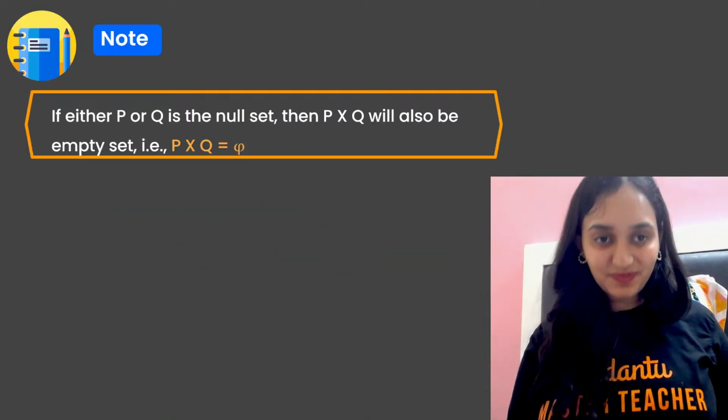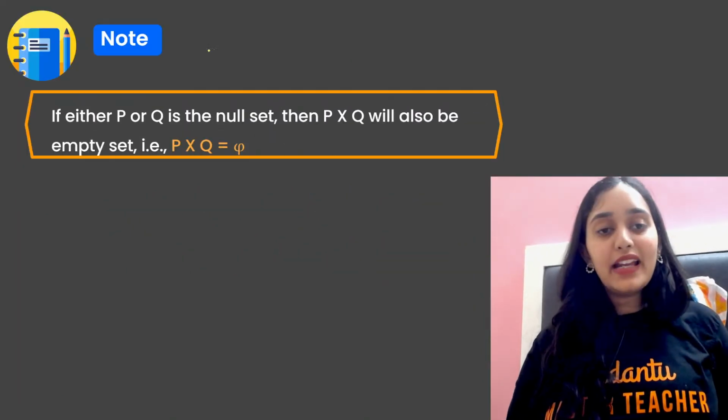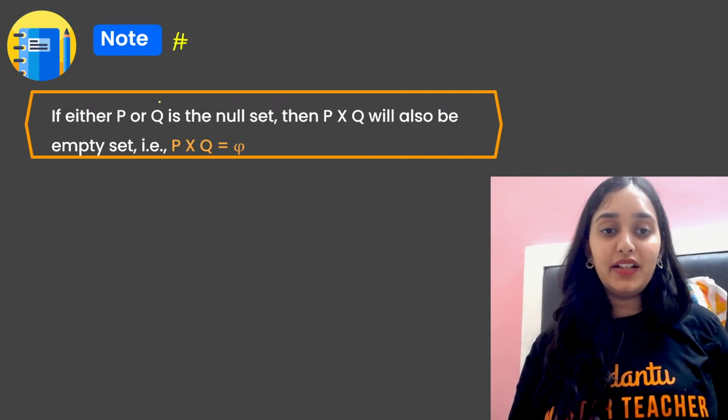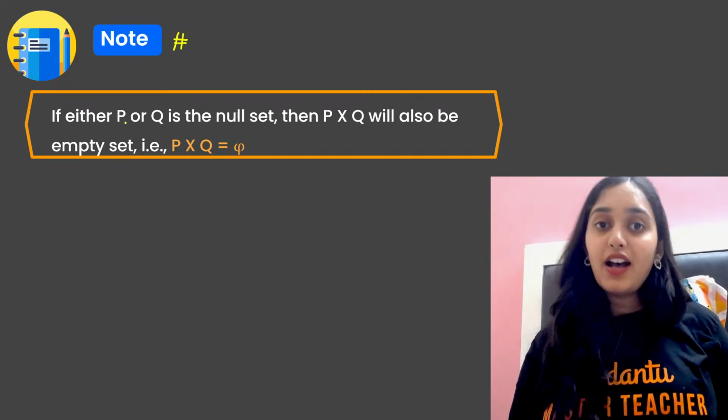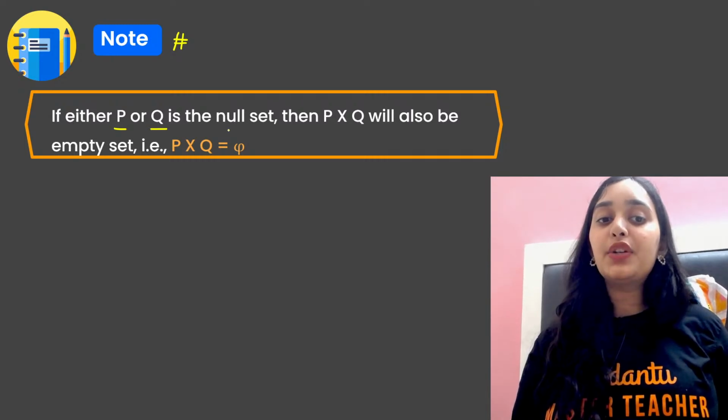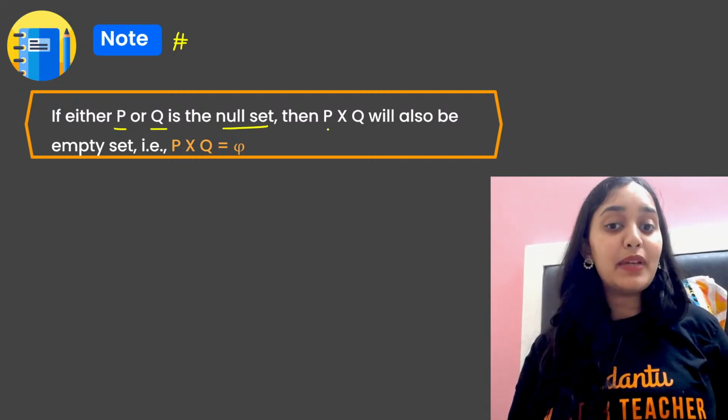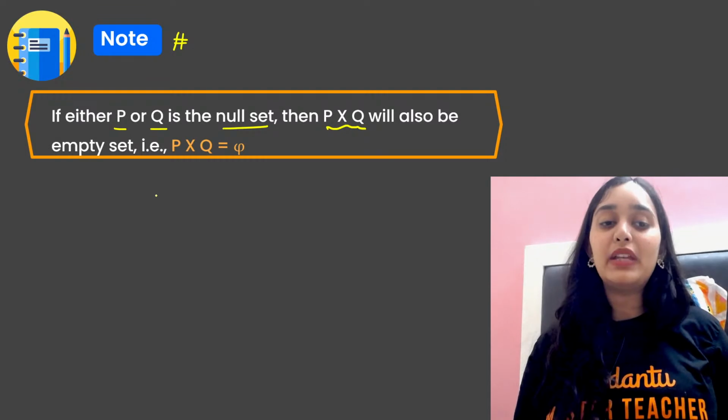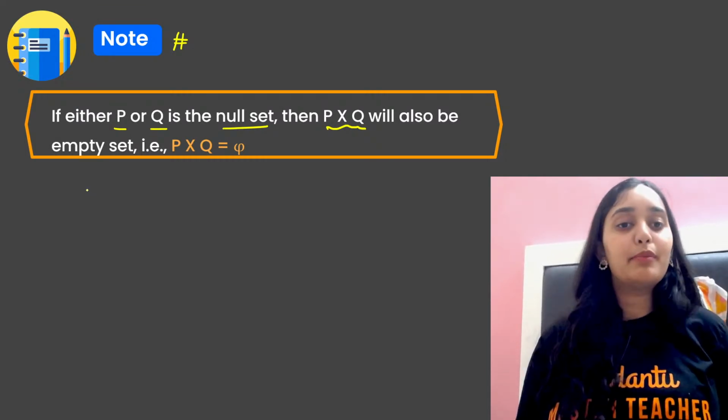Alright. An important point to note here: if either of P or Q is a null set, then P cross Q will also be a null set. Why? Simple.